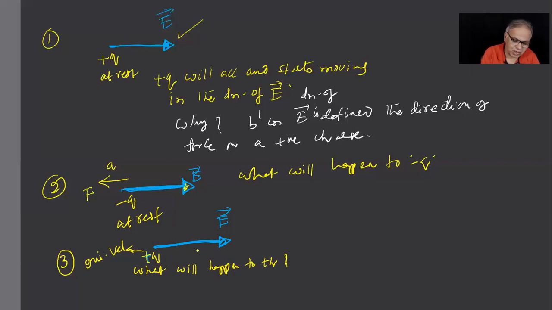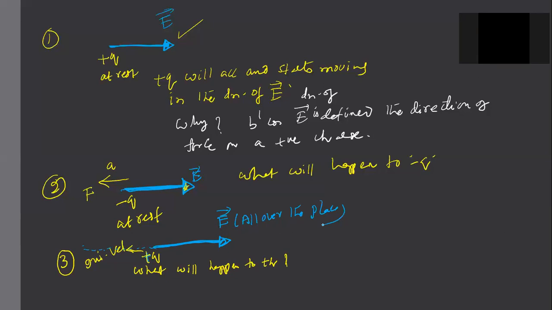You can think this E is all over the place, not only here, but all over the place like that. Come on. Sir, it will decelerate and move towards E. Decelerate and move towards E.